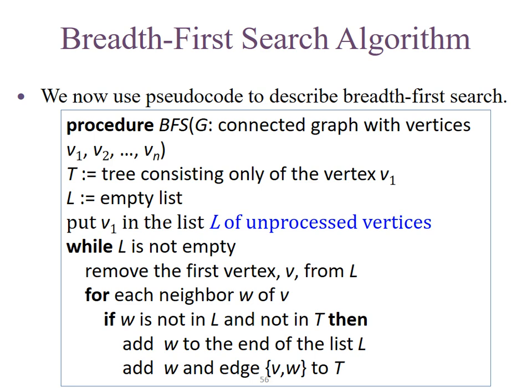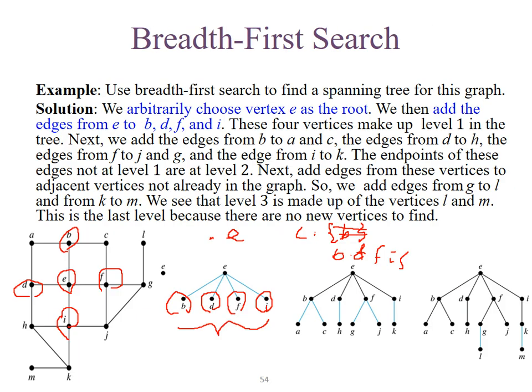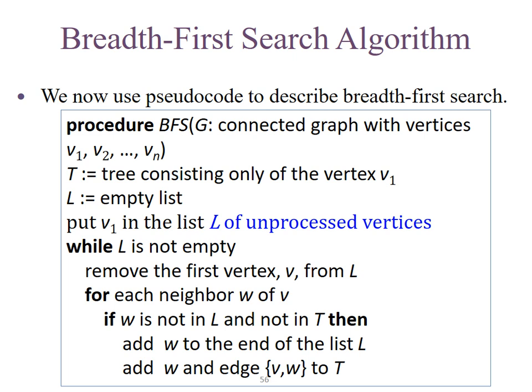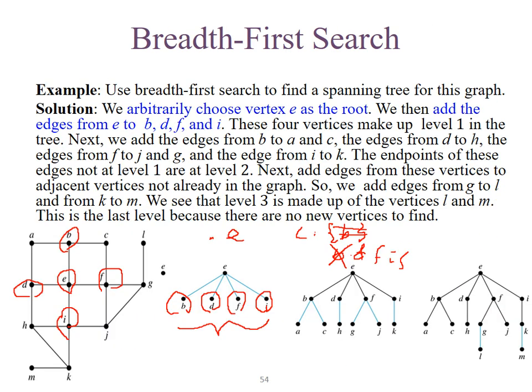In this case, we have B, so we remove the vertex B. Then we consider the neighbors of B. Neighbors of B, actually we have A and C. So we add A into the list, and then we build BA into the tree. And then we have the vertex C, so we put C into the list.